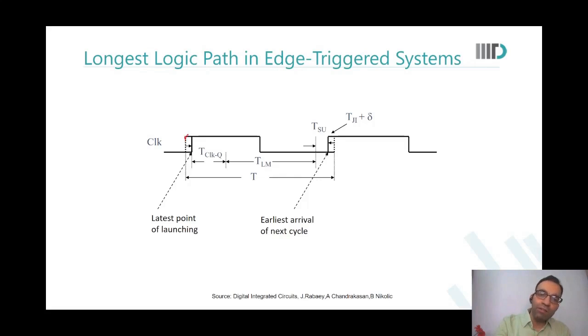Instead of the clock arriving at the desired time, it arrives a little later on the first flop. And for the second flop, instead of arriving at the regular time, it arrived a little earlier.